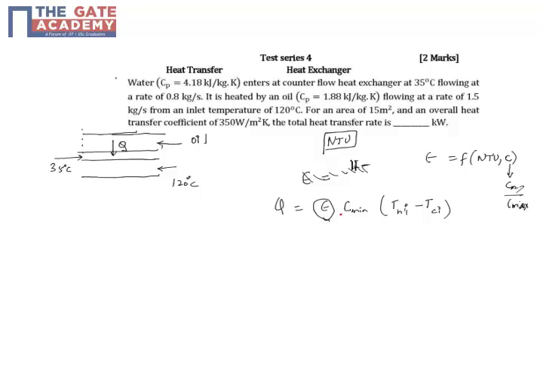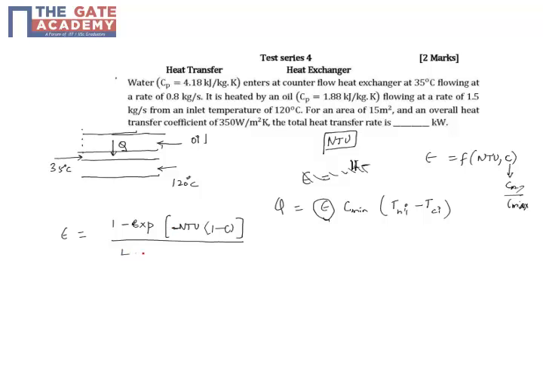So we need to get the effectiveness first, and the effectiveness formula for this design is derived, and you've got to remember it, at least as per this problem. As I said, it will be a function of NTU and C.